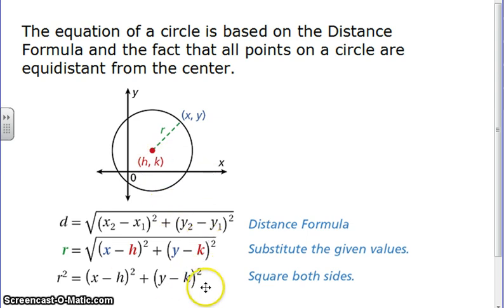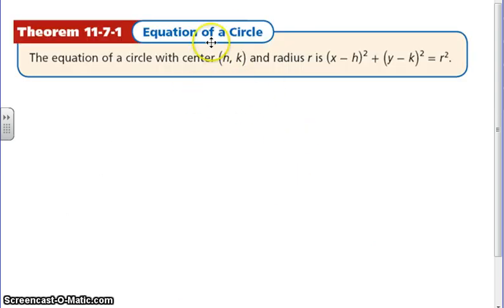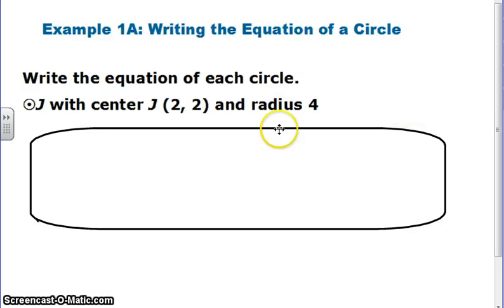And that is the basis for the circle formula. The equation of a circle with center (h, k) is the difference of any point (x, y): (x - h) squared plus (y - k) squared equals the radius squared, okay?